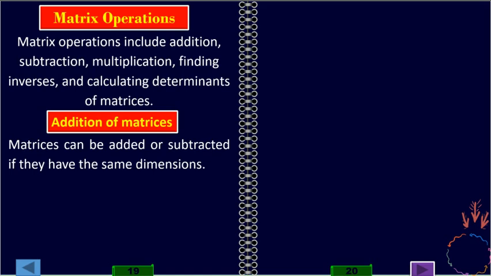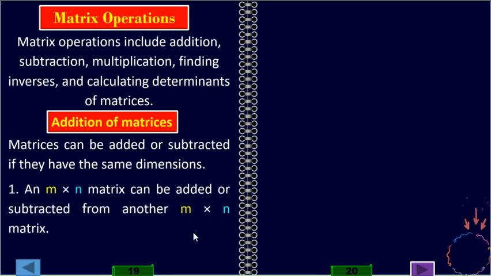That's number 1 condition. The number 2 condition for 2 matrices to be added is that elements in the same position must be added together. That means the element in the first position should be added to the element in the first position of the second matrix you are adding, or the 3 matrices you are going to add, or more than 3 itself. So now, we'll see the first and second conditions.